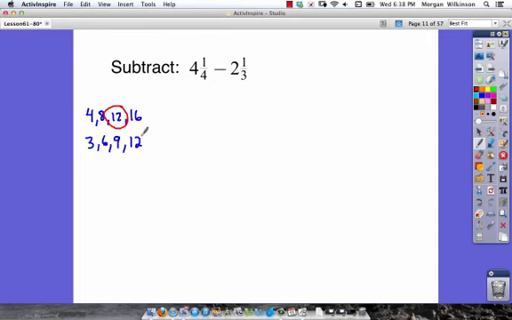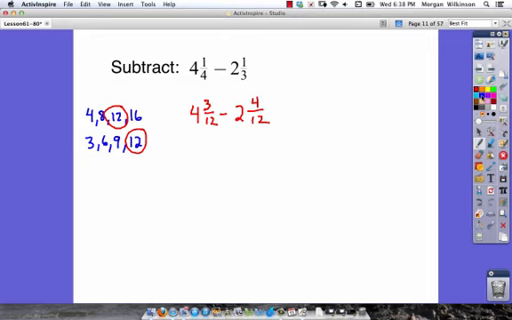It's 12. So we're going to rewrite. We're going to get 4 and something out of 12 minus 2 and something out of 12. Now we've tripled 4 to get to 12, so we triple 1 to get to 3. We've quadrupled 3 to get to 12, so we quadruple 1 to get to 4.